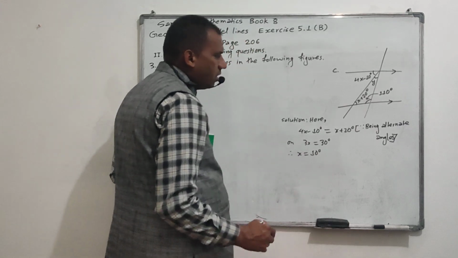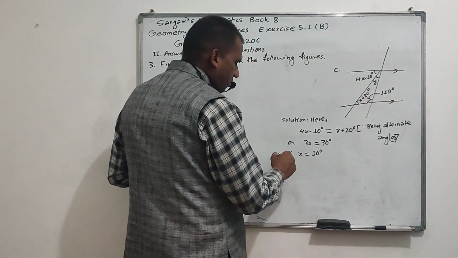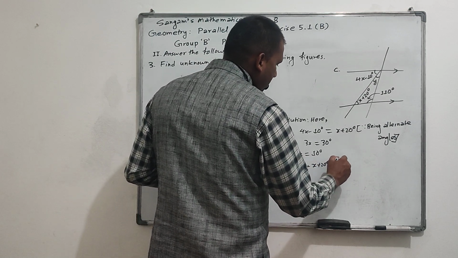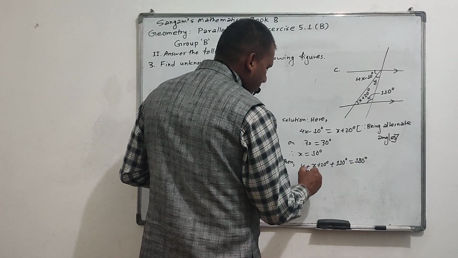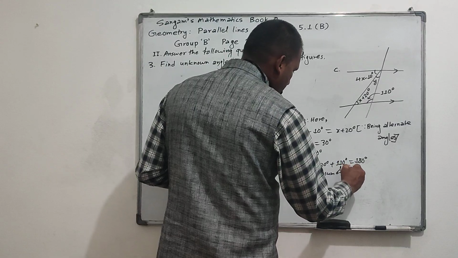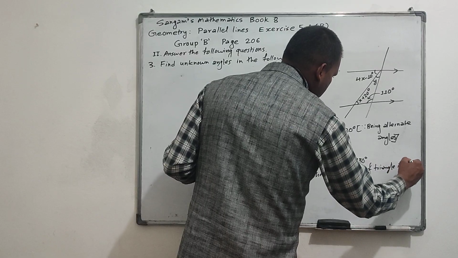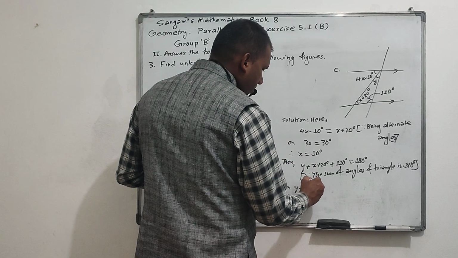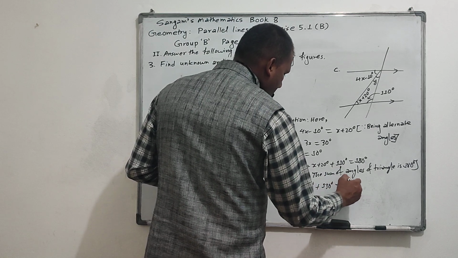10 degrees. Then to find y, in this angle, sum of three angles is 180 degrees. So y plus x plus 20 degrees plus 110 degrees equal to 180 degrees, because the sum of angles of a triangle is 180 degrees. The value of x is 10, so y plus 10 plus 110 plus 20, 140 degrees, equal to 180 degrees.